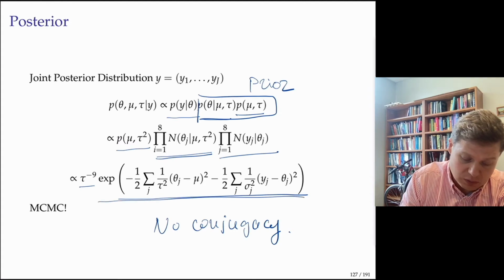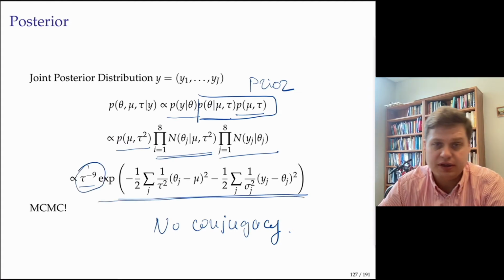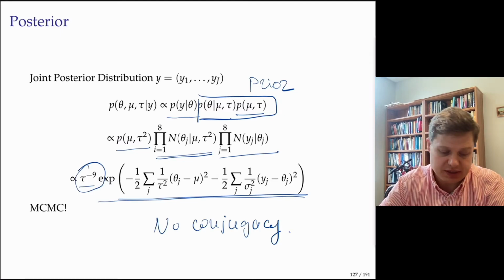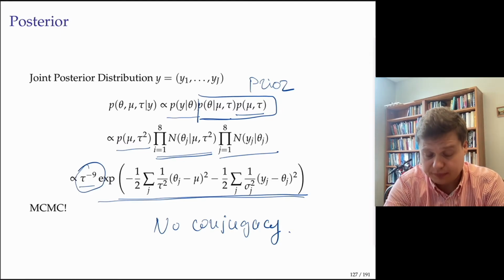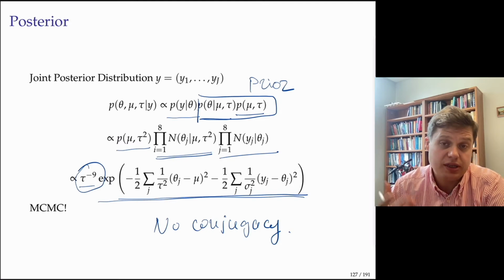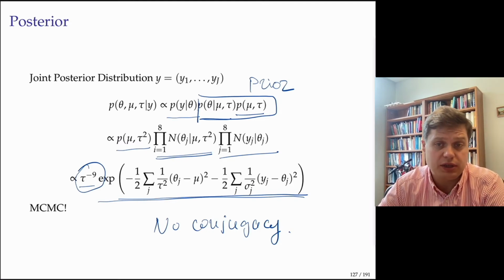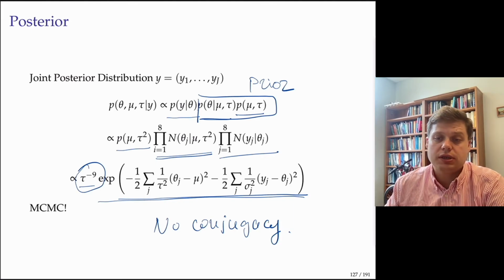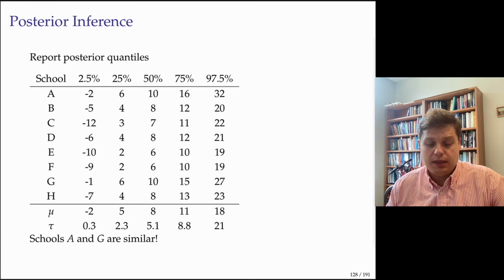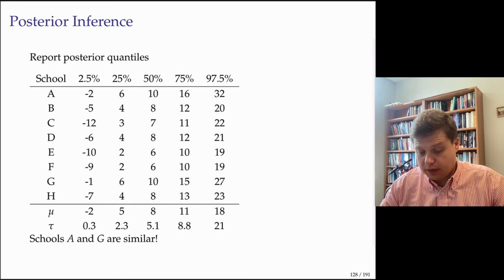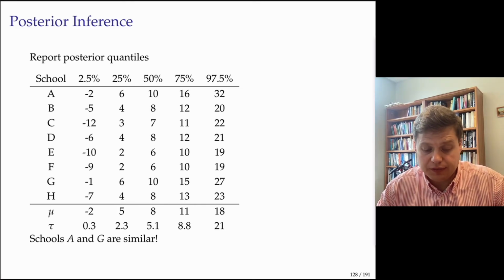So we have something that looks like a normal, but we have this additive term here that prevents us from doing it analytically. So in this case, we have to do Markov chain Monte Carlo simulations, and we will cover a little bit later in the course how to do those. And now we can do the calculations from MCMC.